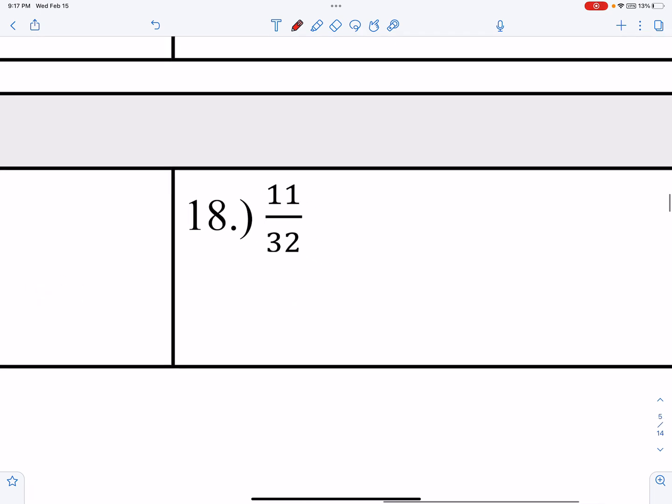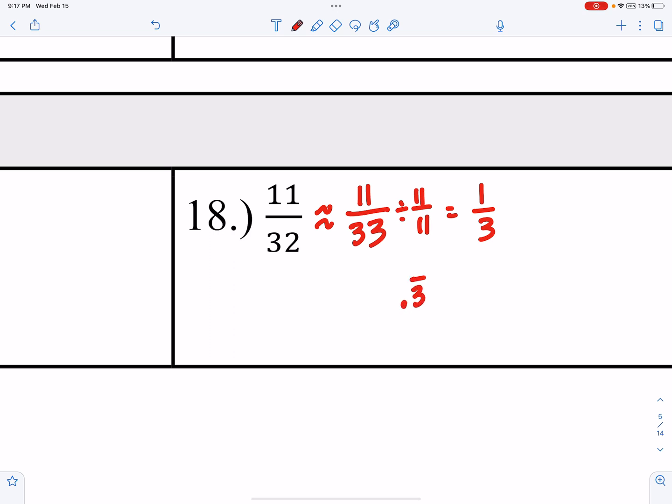All right, 11 and 32. I think I can turn that 32 into something that'll work with 11. Okay, so let's go ahead and change these to these compatible numbers. And I can easily divide by 11 over 11, and I get 1/3. Okay, now I know the fraction 1/3 as a decimal is 0.3 repeating.